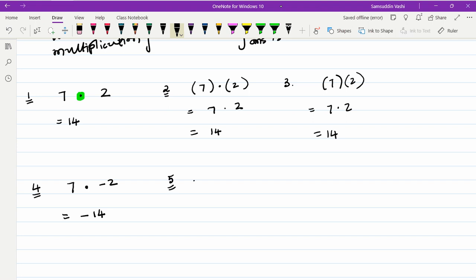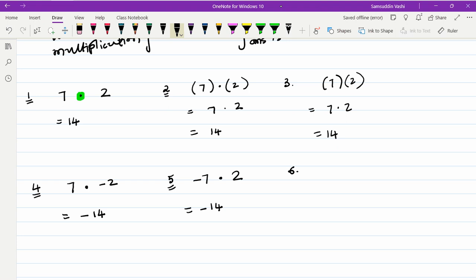Next one, negative 7 times 2. So it is still negative 14. As long as one negative, it doesn't matter which one is negative. First one is negative or second negative. As long as only one negative in multiplication, my answer is negative.